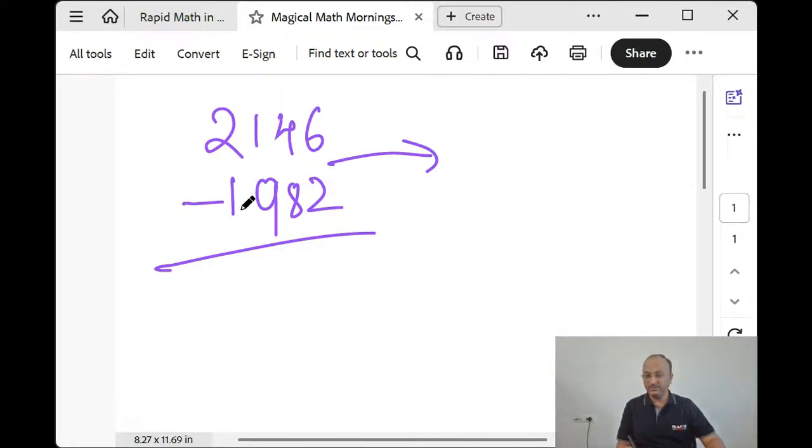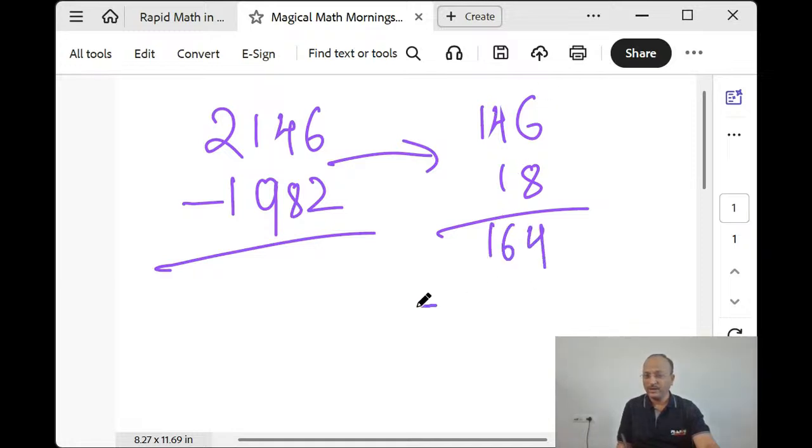I will take 2000 because I will take whichever is nearer to the smaller number. 2146 is 146 more than 2000. This is 18 less than 2000. When you add this, 150, 164. I'm adding also by grouping this. Correct? 164 is the answer.